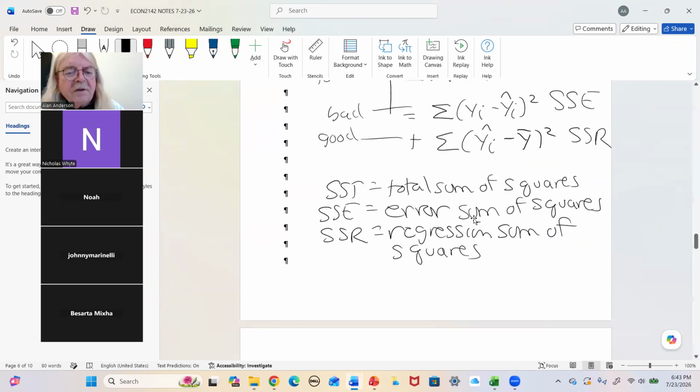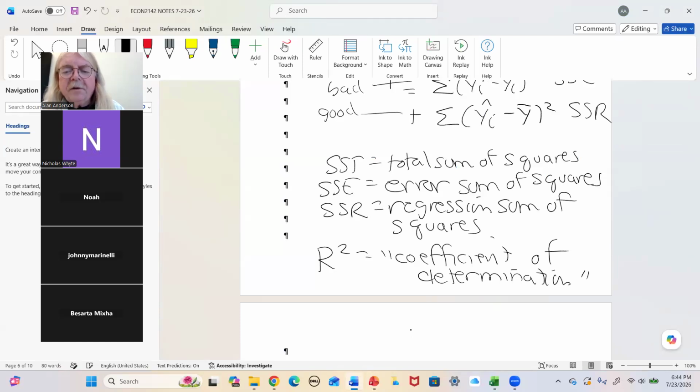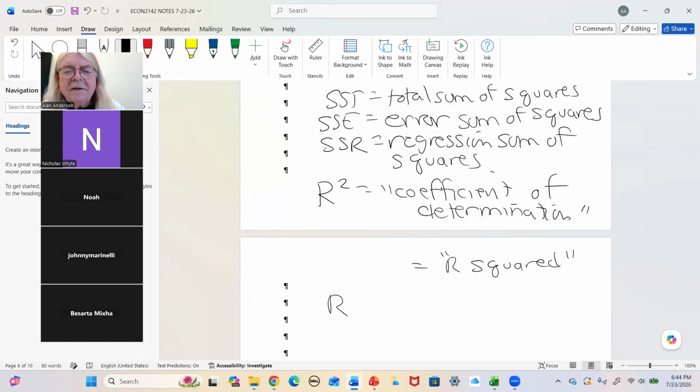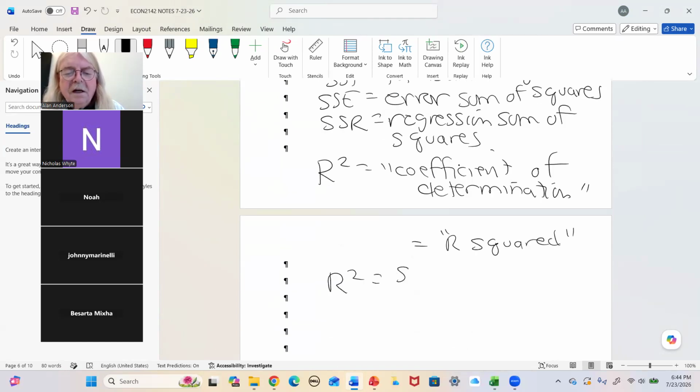So this special R square measure that I just mentioned a bit ago is formally known as the coefficient of determination, but it's often informally referred to simply as R squared. And it is defined as the ratio of the good cholesterol, so to speak, over the total.